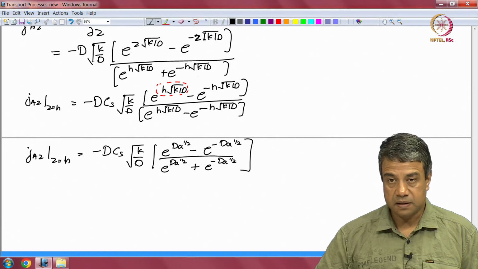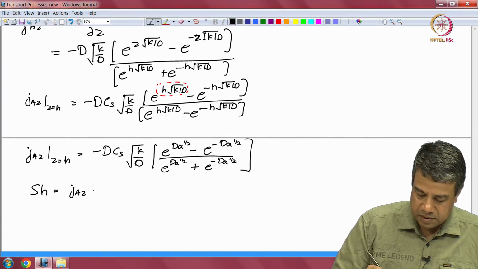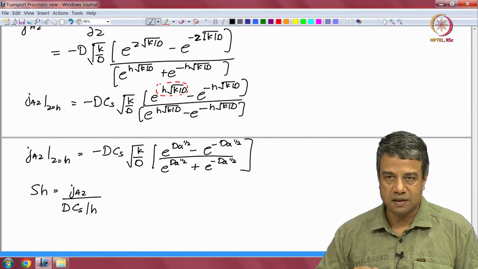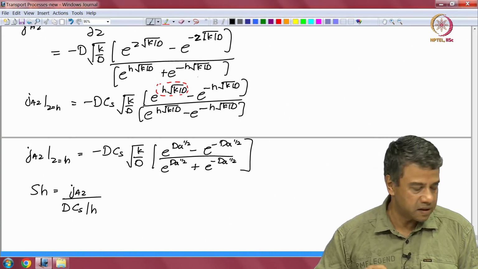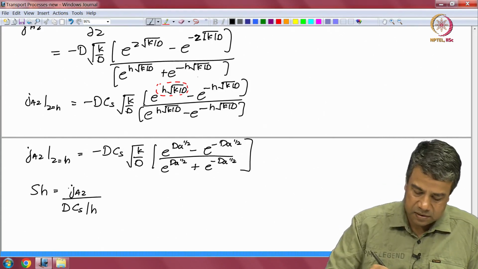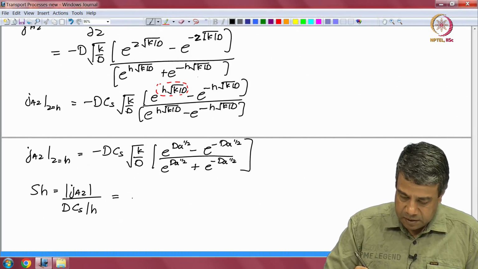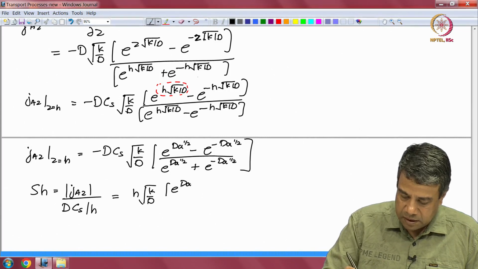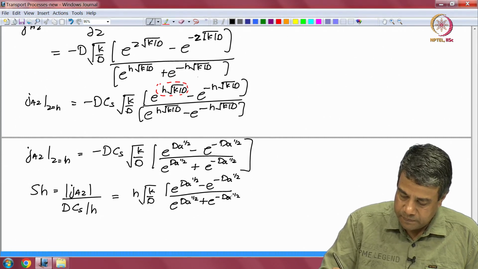Now that we have the flux, we can get the Sherwood number correlation. The Sherwood number, I can write it as J_Az divided by D C_s by H. If I assume C_s is the concentration scale and H, the height of the film, is the characteristic length scale, then this is equal to, actually the magnitude, because the flux is in the negative direction, H root of k by D into e power Damkohler power half minus e power minus Damkohler power half over the sum.